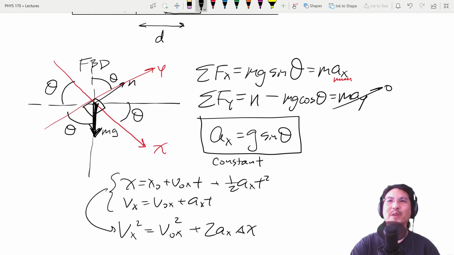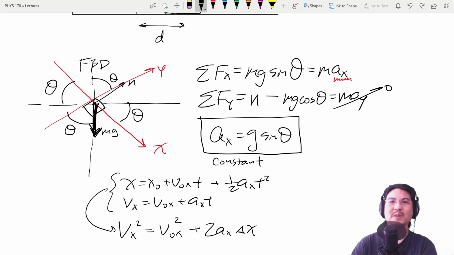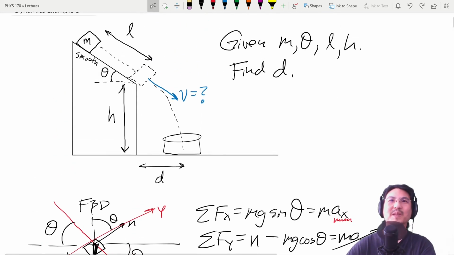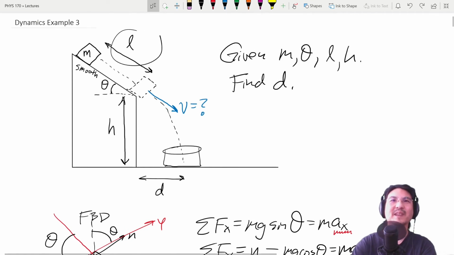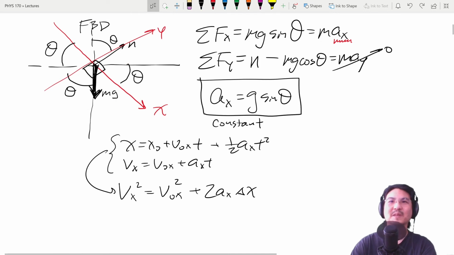If we know the angle and we know g, we can solve for this, so we know this as a value. The displacement is given, L.